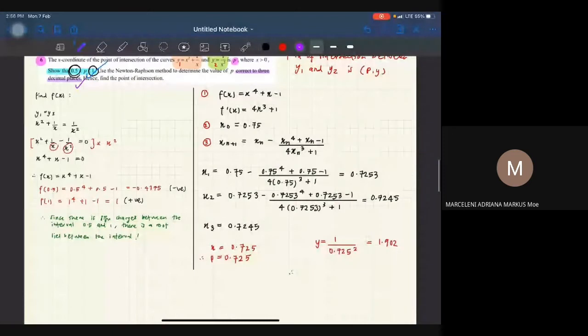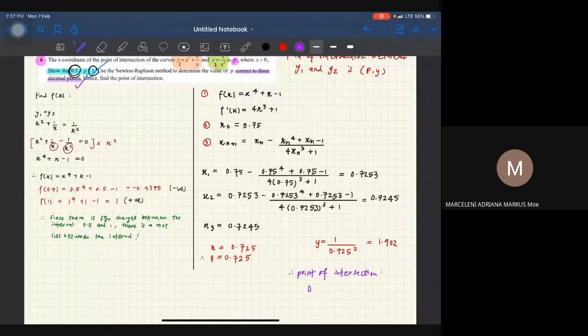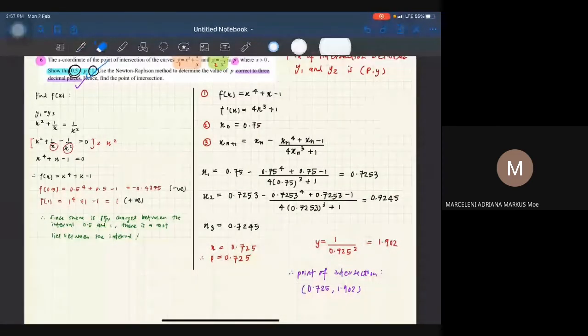Okay, so kita concludekan point of intersection is 0.725, 1.902. Like this. Okay, any question?